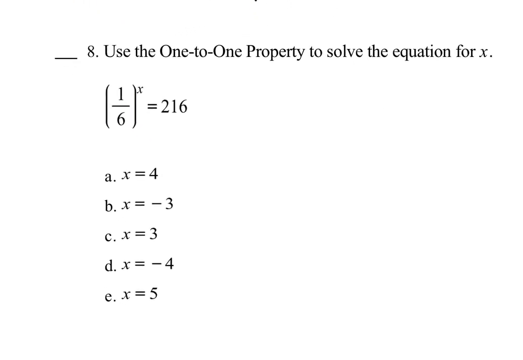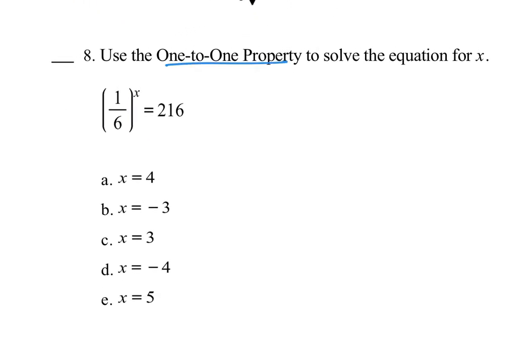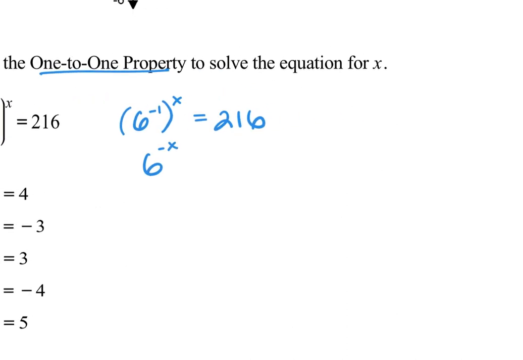So 8, your goal here would be to use the one-to-one property. So I want them to be the same base. To move 6 to the top, I would have a negative exponent, and then I'd get 6 to the negative x. 216, if you don't know what it is, 2 goes in here 108 times. Actually, I would do 6, not 2, because I'm trying to break it down into 6s.